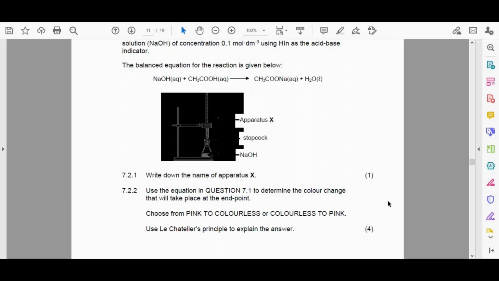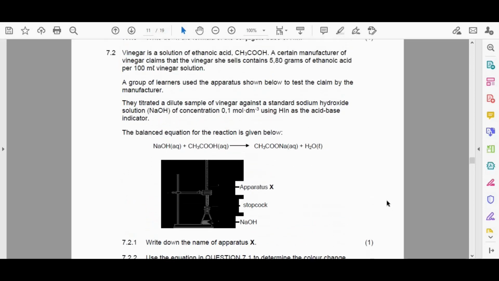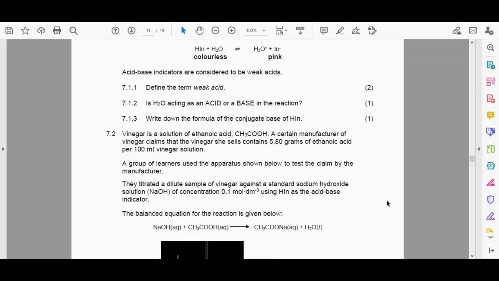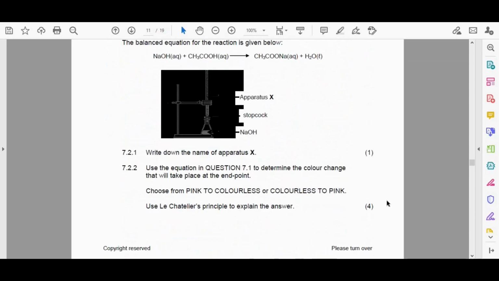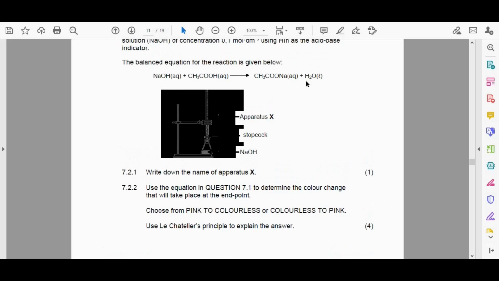Well, we need to use the equation in 7.1 to determine the color change that will take place at the end point. Here we are titrating, so we need to have a look at the end point.